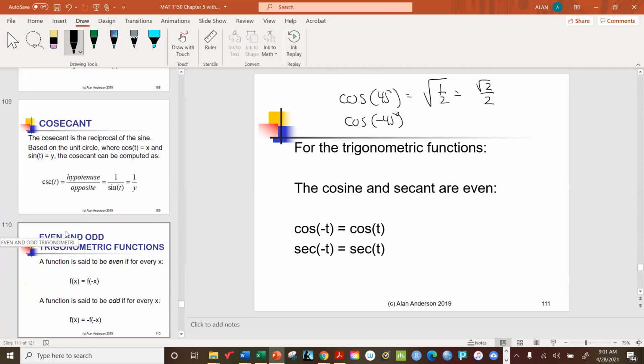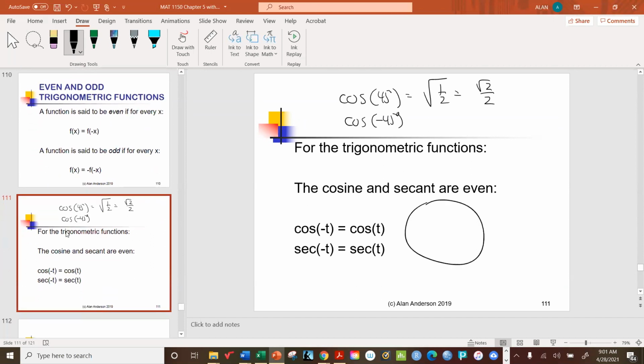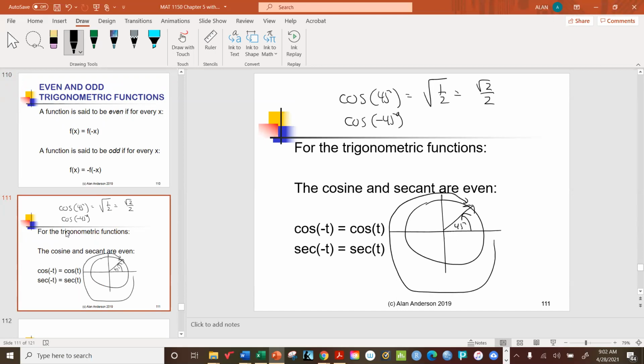Let's draw a little circle here. 45 degrees means coming from this direction. If we go the opposite way, starting in this direction, we come all the way around and we get 315 degrees. So the cosine of negative 45 is the same as the cosine of 315. And that has to be then the same.